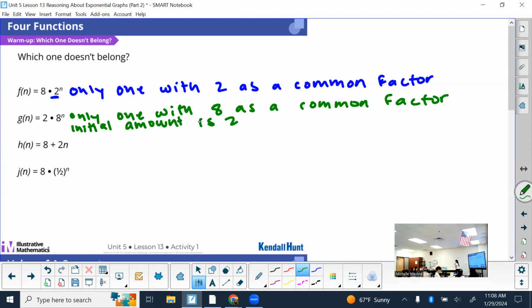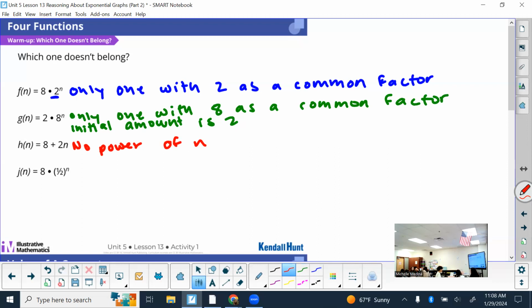Now, table 1, h of n. Why is h of n not belonging? It doesn't have a power of n. No exponent. Earlier, someone said it's the only one with addition in it. That's true. What type of function does h of n represent?